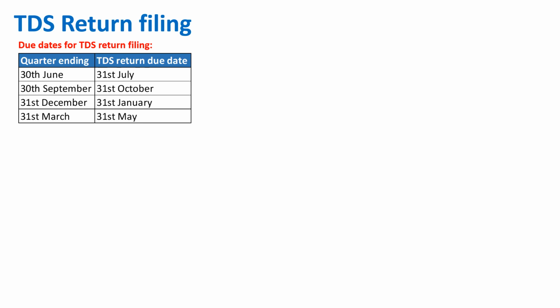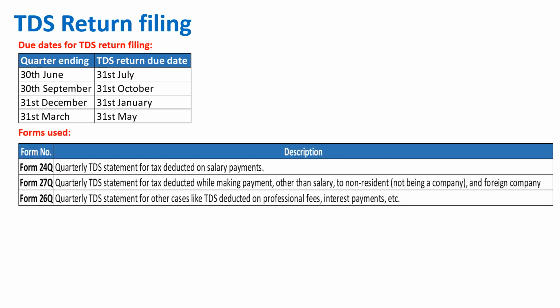Now the question is, how does the company transfer the data? Today's return filing is the mechanism, but are there any specific forms where the data needs to be fed and uploaded? The answer is yes. So let's see the different forms used. Form 24Q is used only in the case of employees.